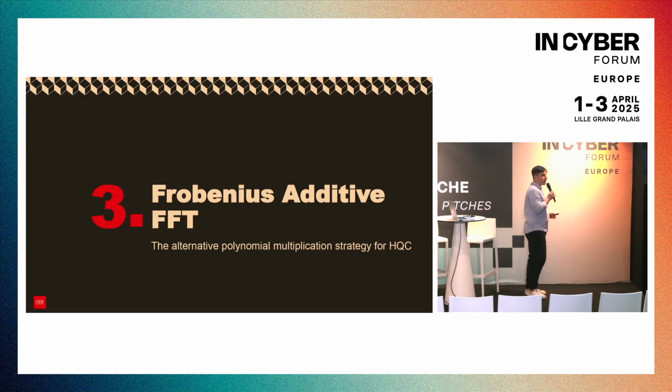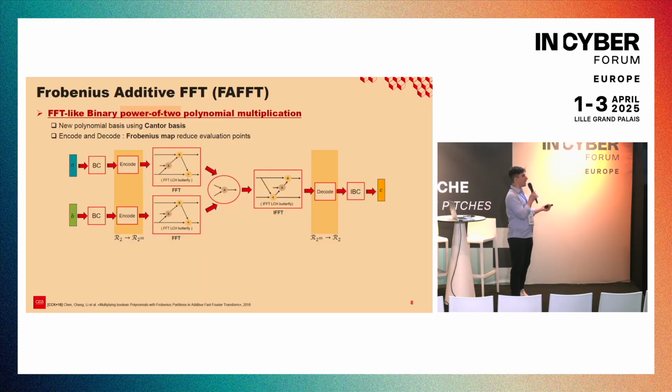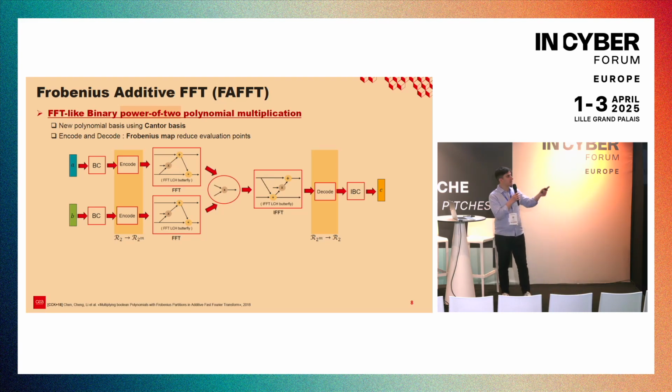Now we will look at the alternative operation, which is called Frobenius additive fast Fourier transform. The idea is the same. We have an FFT-based polynomial multiplication, where in the FFT and in the inverse FFT steps we again have a butterfly structure.